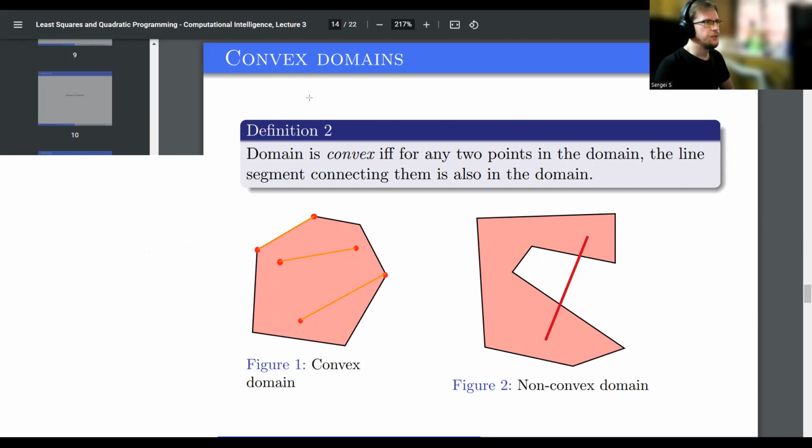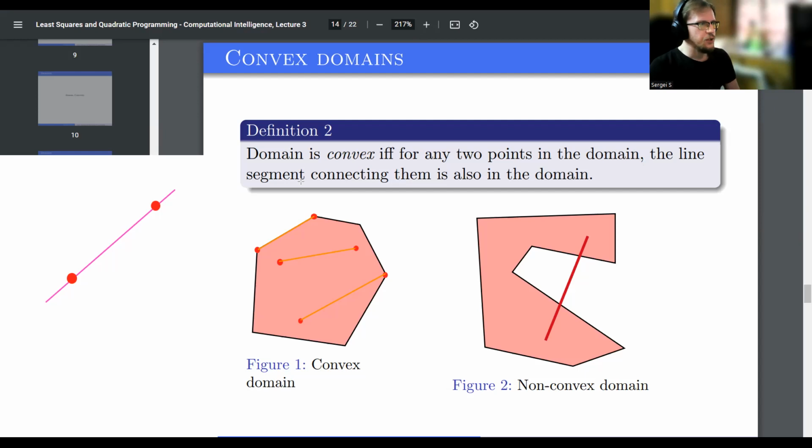All right. But it's also interesting that this is also a convex domain because any 2 points on this domain, we can choose one point, another point, you can connect them with a line segment, and it will be inside the domain. So a line itself is a convex domain, or a line segment is a convex domain.